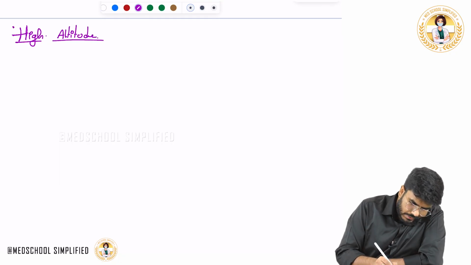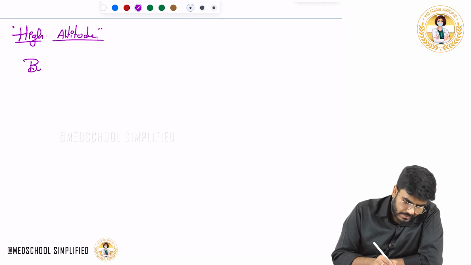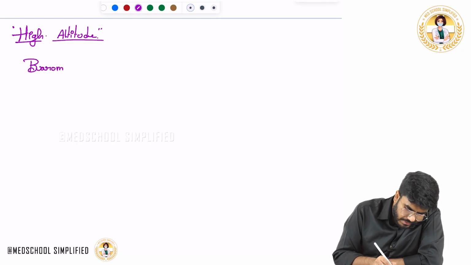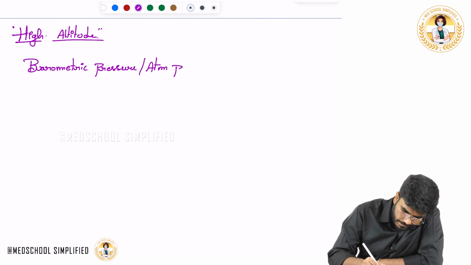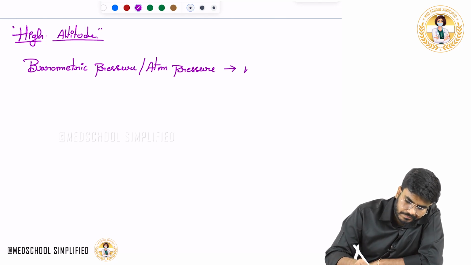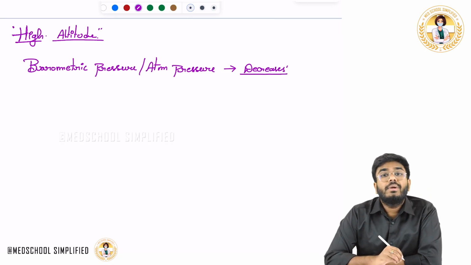The barometric pressure, in a simple way you can say atmospheric pressure, decreases. What's going to happen? The atmospheric pressure is going to decrease.